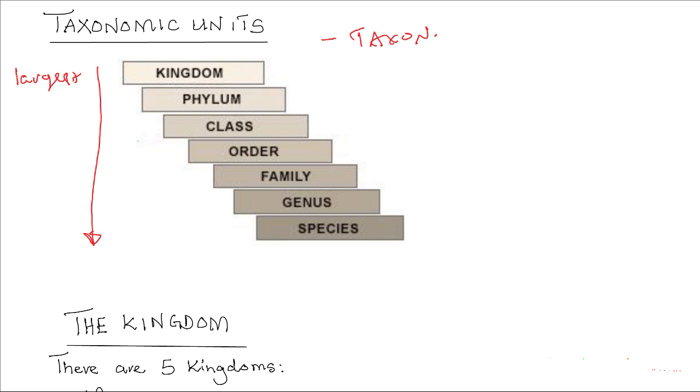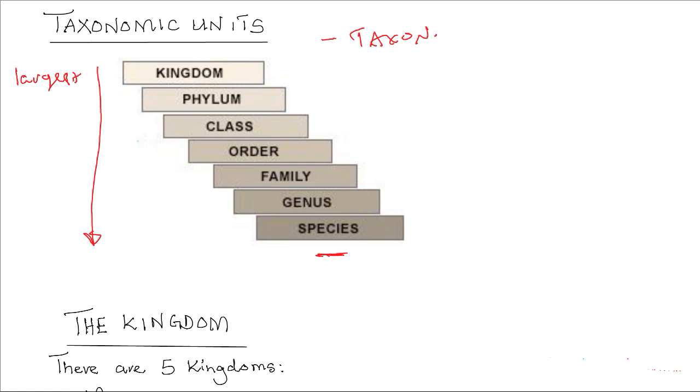So in a classification scheme, these hierarchies are arranged in such a way that the kingdom, being the largest, is placed at the top, and the species, being the smallest, is placed at the lowest point.